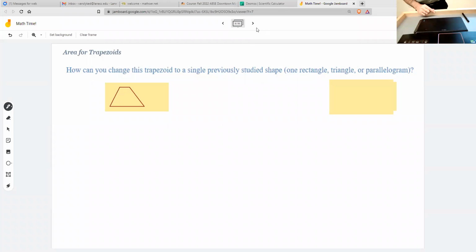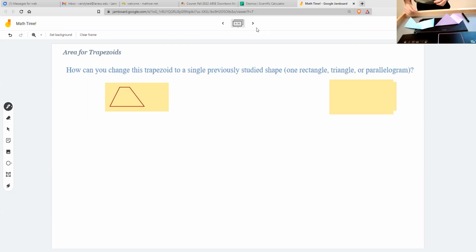How do I turn a trapezoid into one of these things we've already done, a rectangle, a triangle, or a parallelogram? And the hint is that you need two copies of the same one. You can't do it with just one. But how do we stick these together and make something that we know what it is?